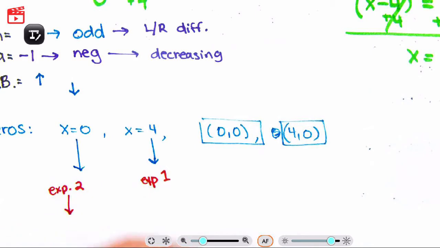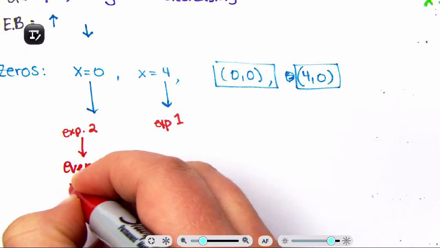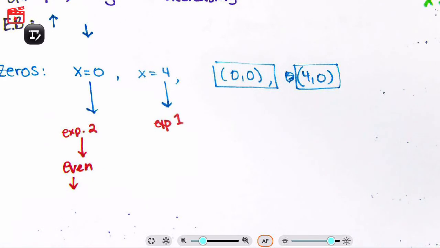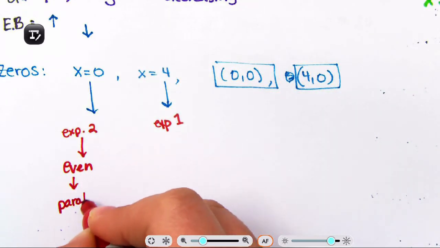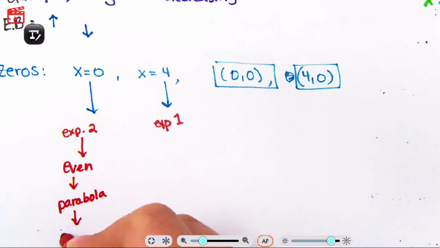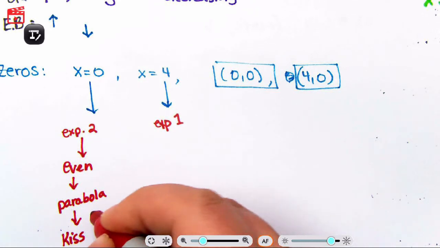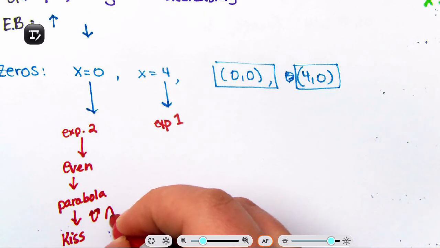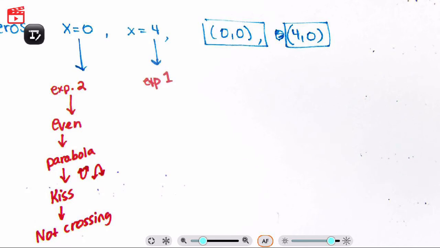So that means I have an even bubble, which means I'm going to have a parabola shape, which means I'm going to kiss the point and I'm not going to cross. So it's going to look something either like this or like that at that point. We just don't know which because we are not graphing it just yet.